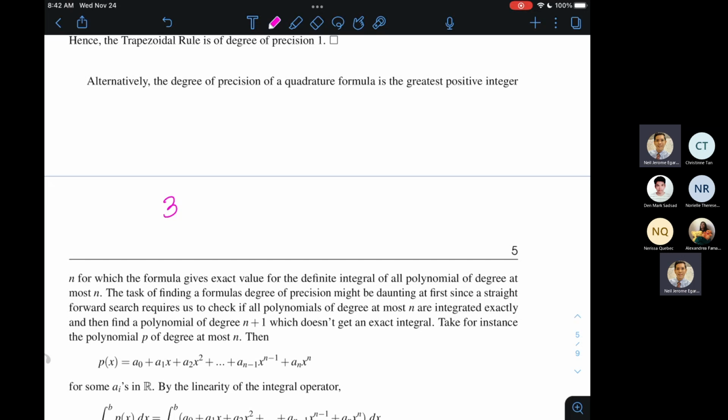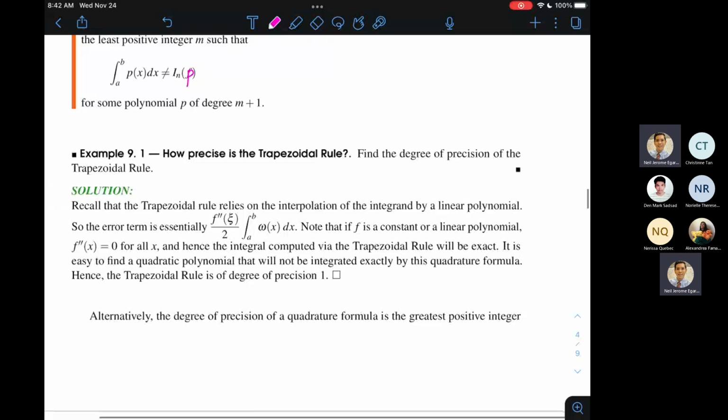Okay? So yun tinatawag natin na degree of precision. Ibig sabihin siya yung degree na kayang i-approximate ni quadrature rule yung integral sa lahat ng polynomial of that degree and less. Okay? So let's take a quick look at one familiar quadrature rule, yung trapezoidal rule. And the question in this first example is how precise is the trapezoidal rule?